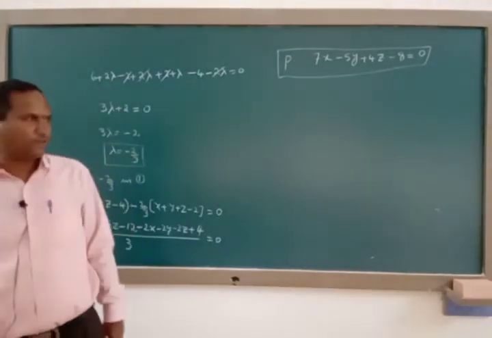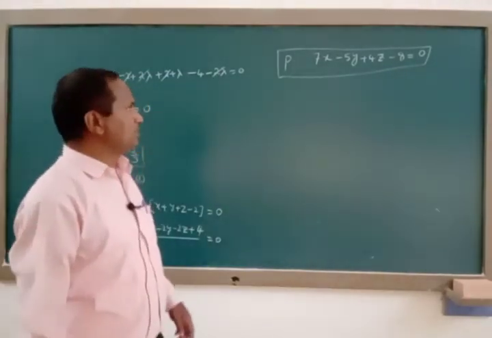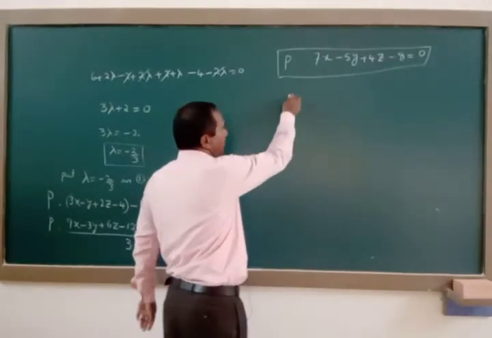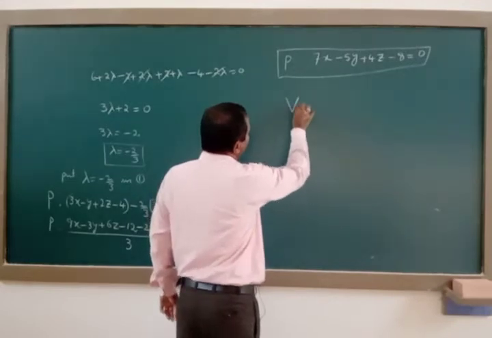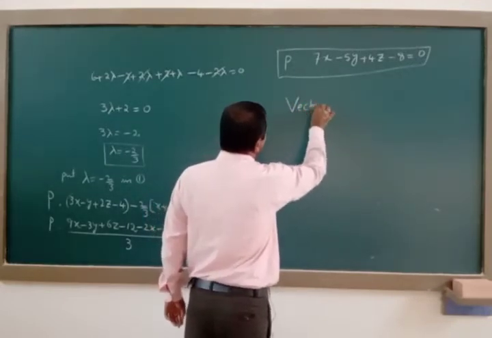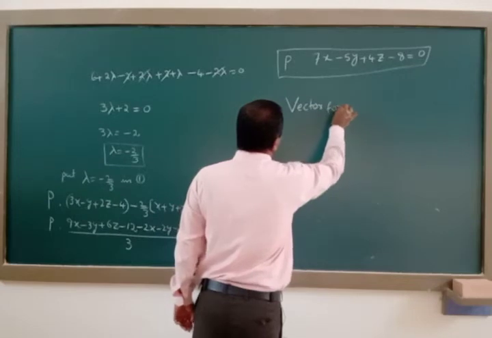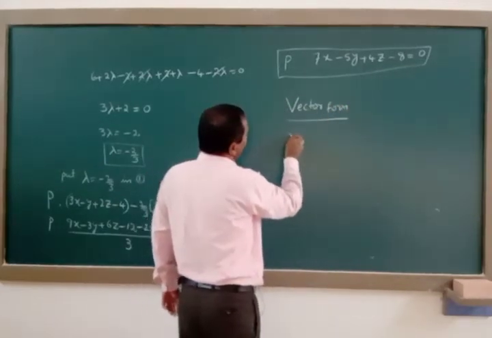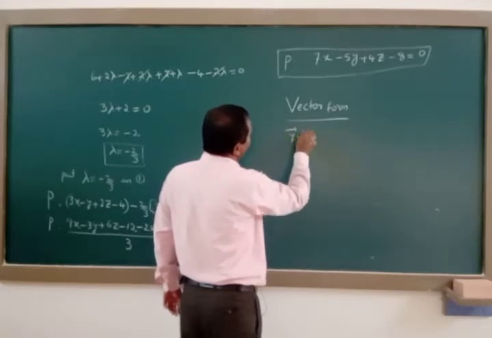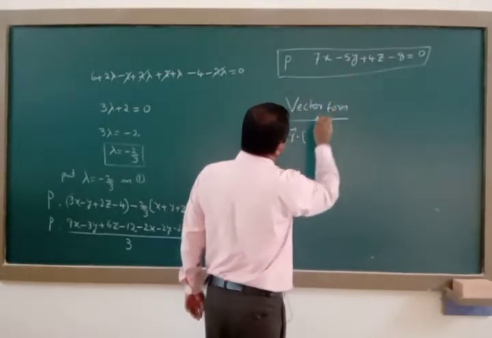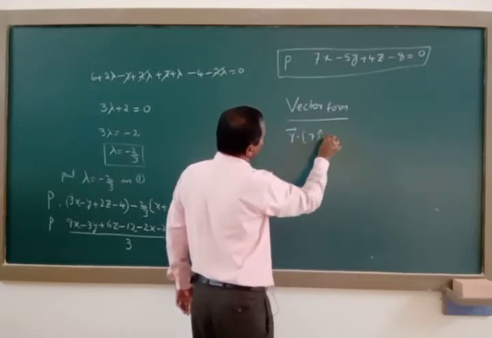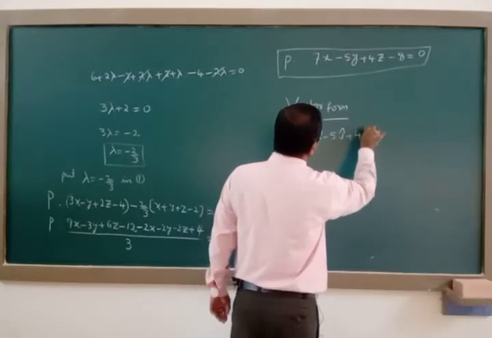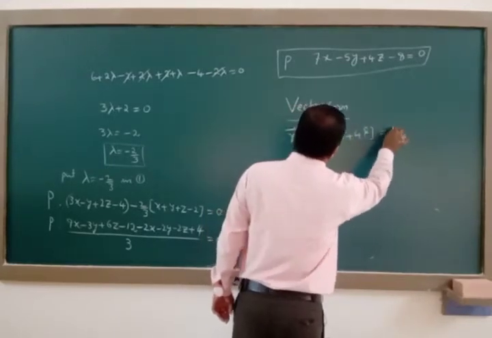If they ask for the vector form, at that time we must modify this equation into vector method like this. The vector form for the new plane is r vector dot of, you collect the coefficients of x, y, z, 7i cap minus 5j cap plus 4k cap is equal to 8.